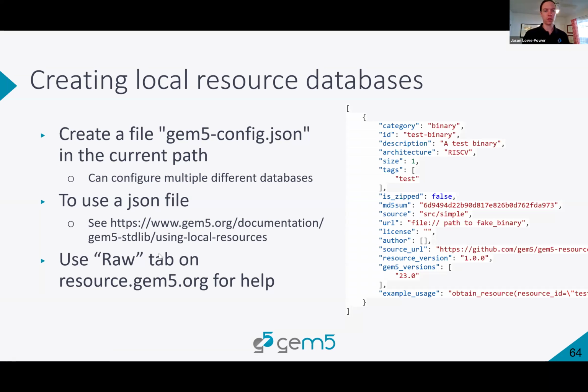And there's an example on this website down here under using local resources, how to do this. You can then have your own JSON file, which defines resources. So over on the right-hand side is an example. And you can use that raw tab that I was showing you on the resources website so that you can see the details of what you need to put into the JSON.